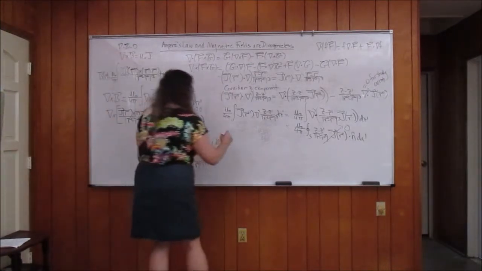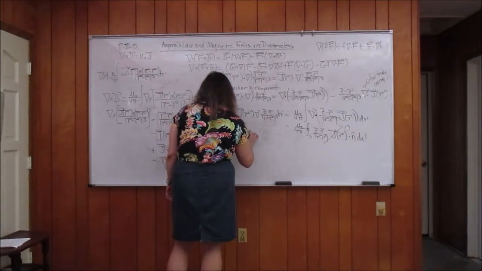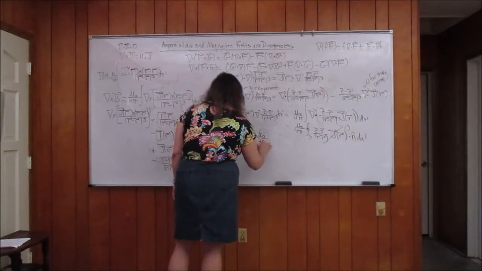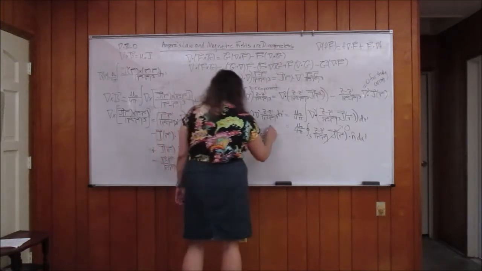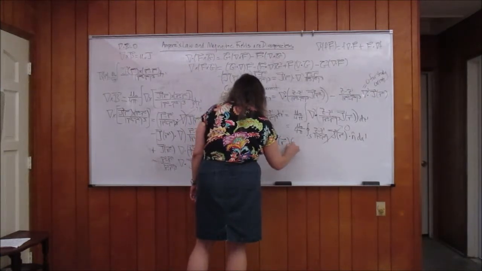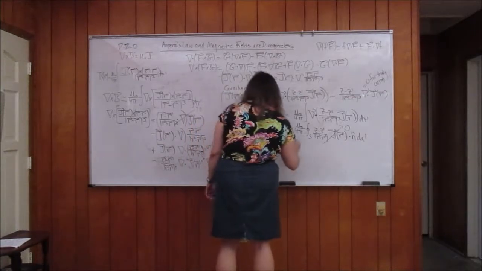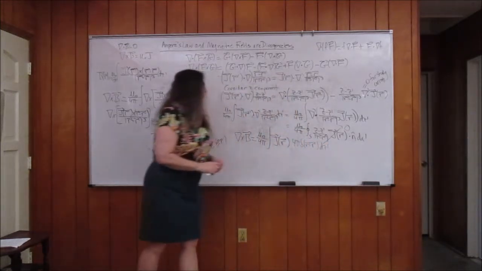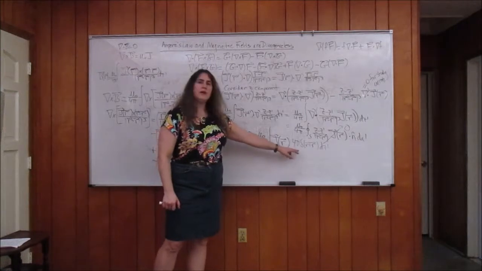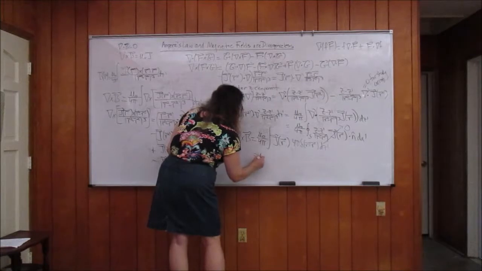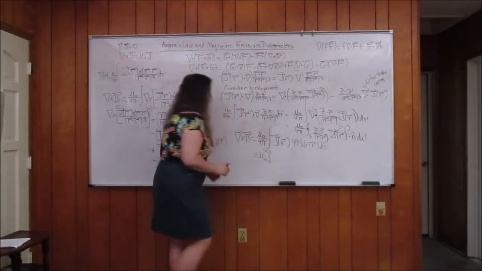So therefore, curl of the magnetic field is equal to mu naught over 4 pi volume integral of the volume current density times 4 pi times the delta function, and that is equal to mu naught j.